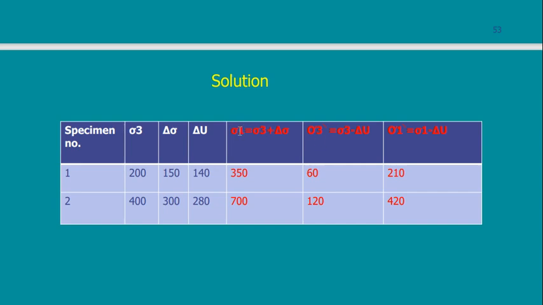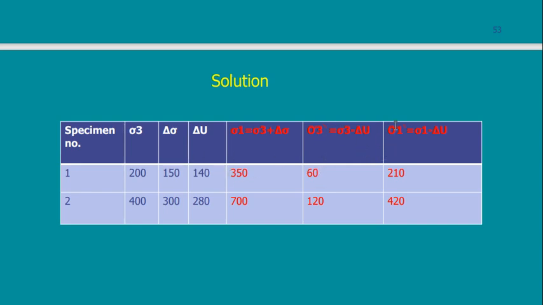So now I can get sigma 1. Now I have sigma 1 and sigma 3. How to calculate sigma 1 dash and sigma 3 dash? I subtract the effect of water. So to get sigma 3 dash, I take sigma 3, which is this one, subtract from it the effect of water, and I get sigma 3 dash, and so on for sigma 1.